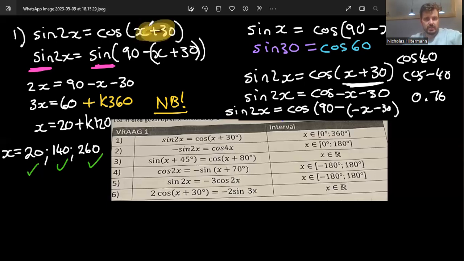See how we did this, changing the cos x plus 30 to sine 90 minus x plus 30. So we're changing the cos to, I should have written sine. So no wonder that was confusing. This is sine.